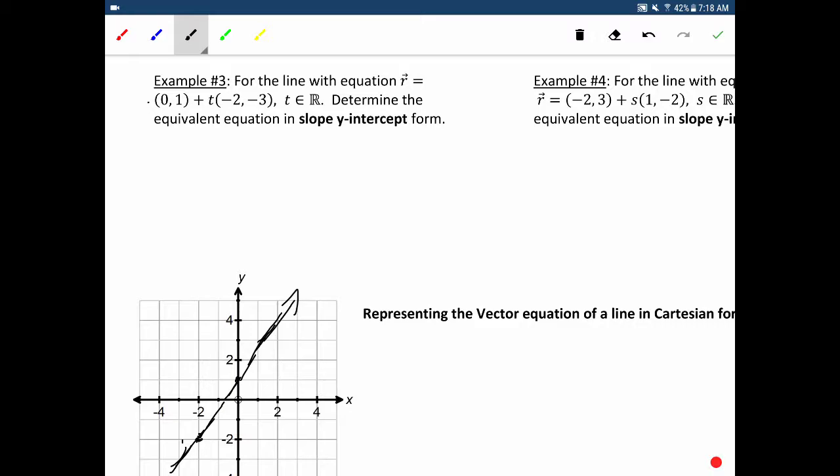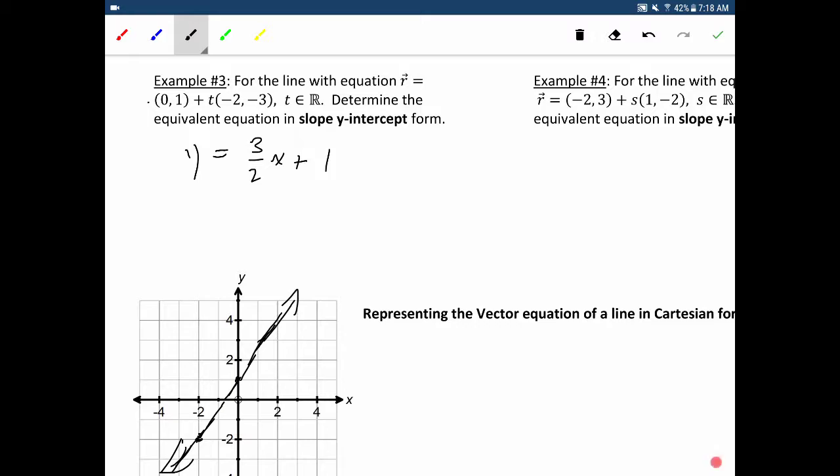And you can see by looking at that that's going to be y equals 3 over 2x plus 1.